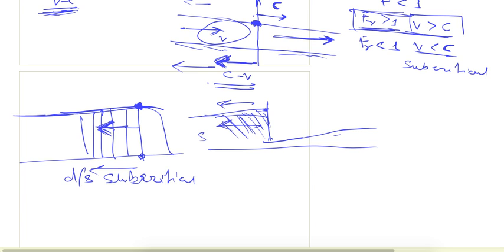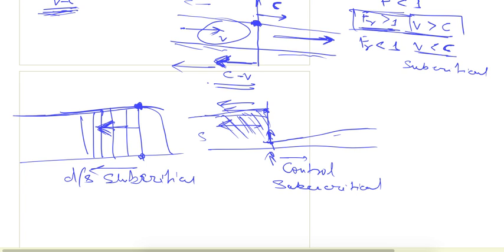And here it is a supercritical case, so whatever disturbance we are creating here, if we are increasing or decreasing the depth, it will disturb the flow downstream. So here we can say this is the control section. So upstream control for supercritical and downstream control for subcritical.